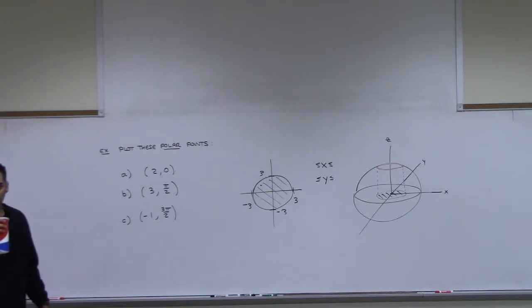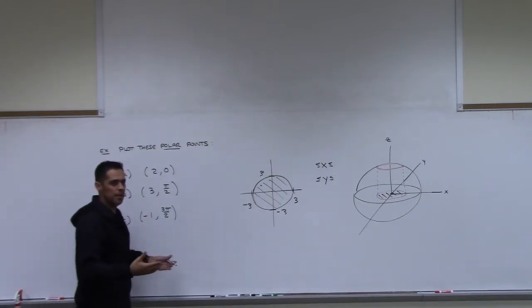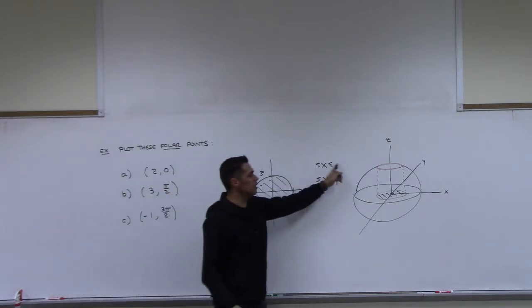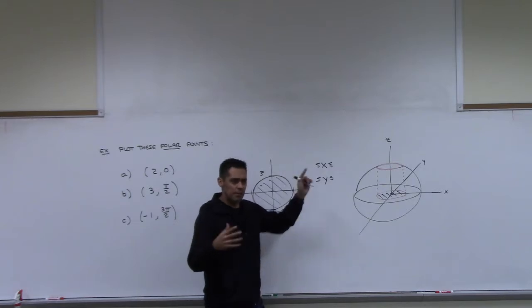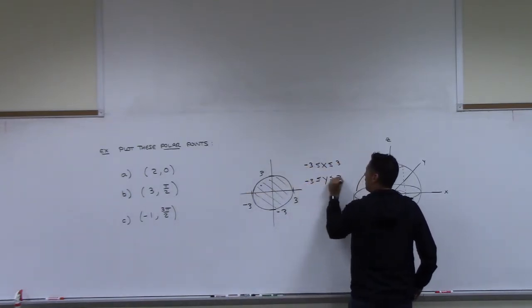Do you think it would happen or no? What is your instinct telling you? That it's possible or not? If it was possible, what are you thinking we would put here? -3, 3? Let's just see if that works. -3, 3, -3, 3. Okay?